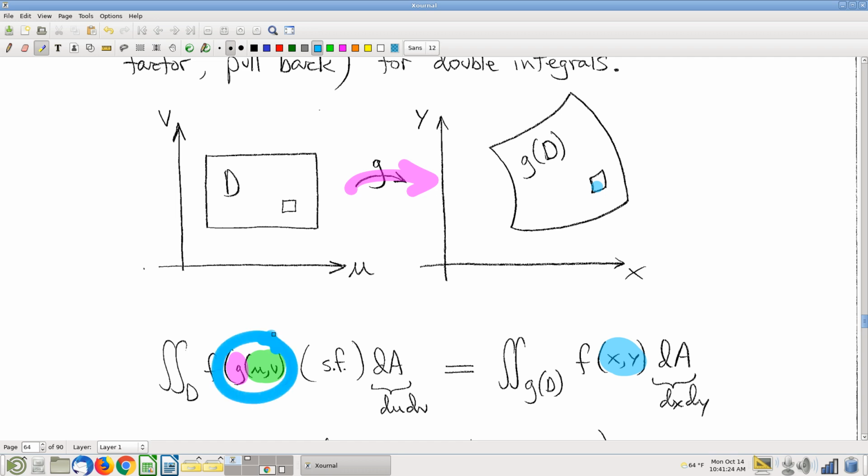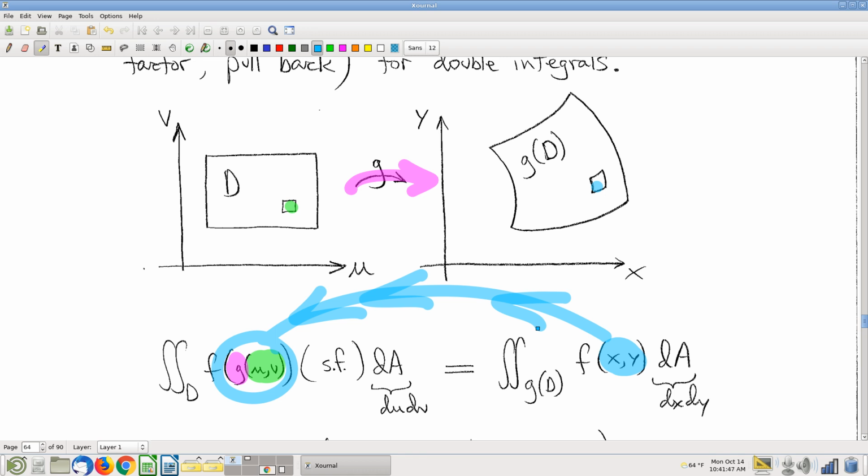So for color coding, x comma y is just g of u comma v. Now just plug it in. Of course, plugging in tends to pull things backwards. So what had been a simply written down expression x comma y now gets turned into this different expression g of u comma v.